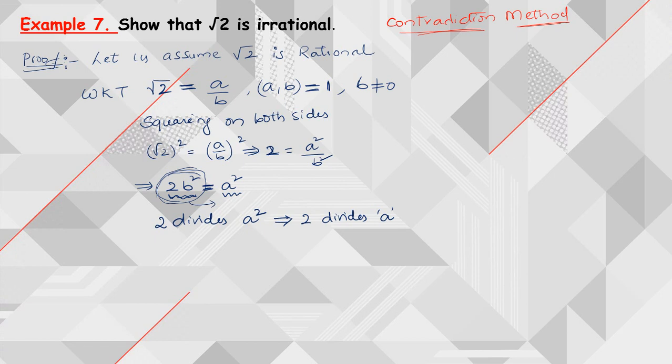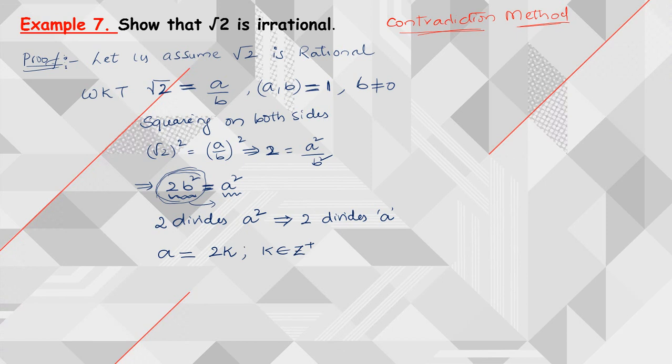If 2 divides a, then I can write a is equal to 2 times some constant k, where k is some positive integer, right?